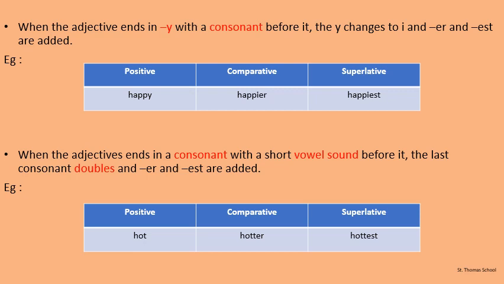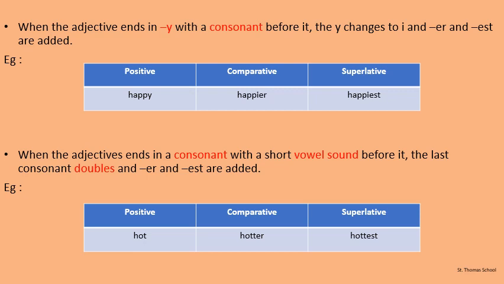Now see the example given: hot. The word ends with T, and T is a consonant. But when I pronounce this word, hot, the O sound is heard before the consonant, and O is a vowel.